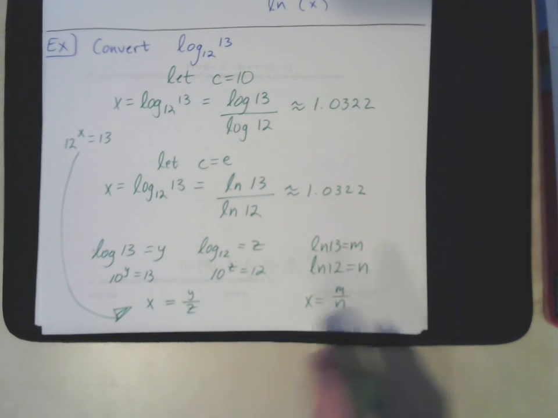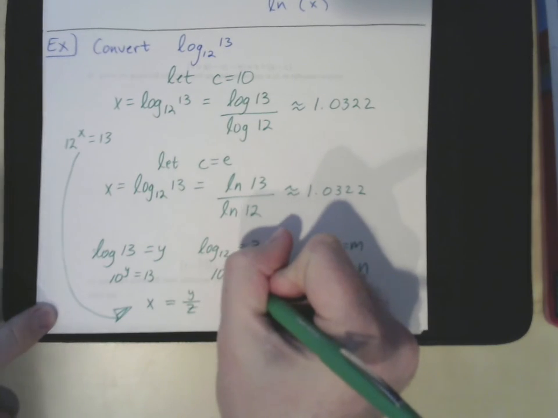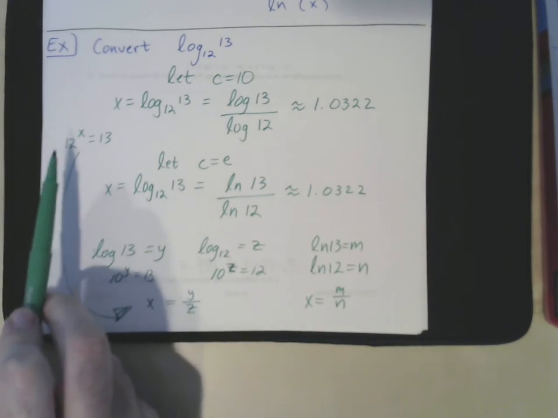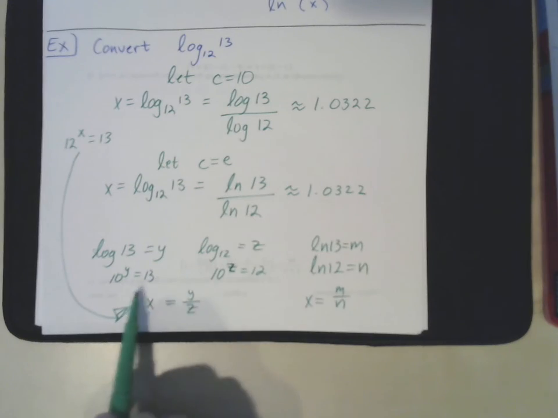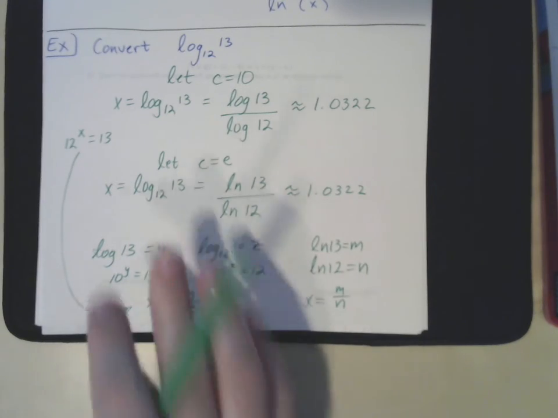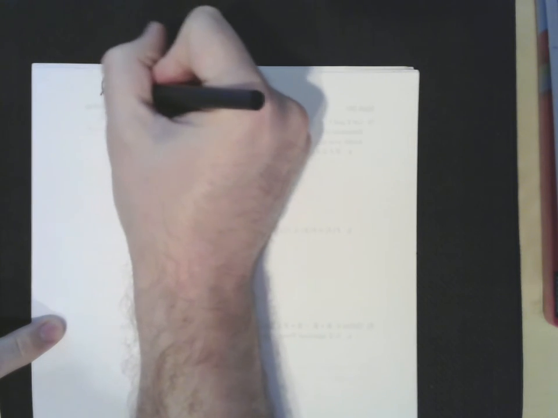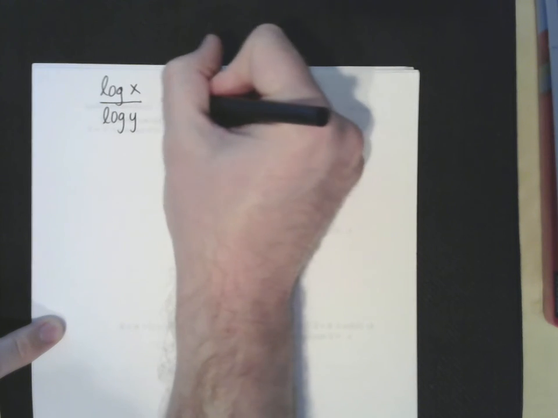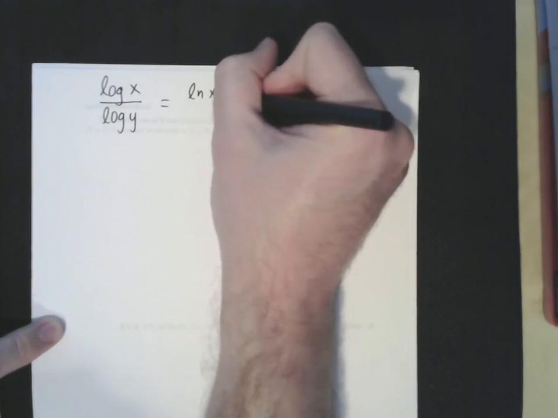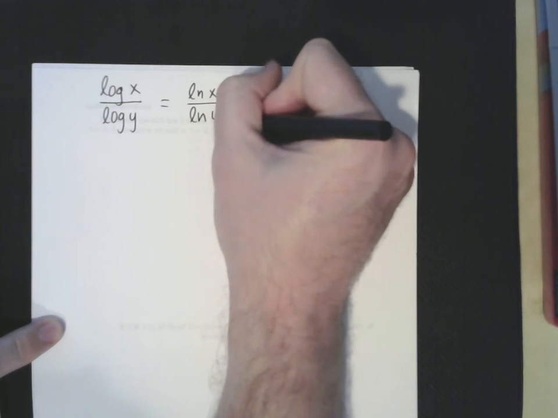And I know it doesn't seem like a lot, but this is actually really important because we can essentially find exponents of any base by transitioning to the base that we work with the most, the common base 10, or the special base e. And they always end up being the same thing. So to write this into a little bit more official form, what we're saying is that log x over log y always equals ln x over ln y.